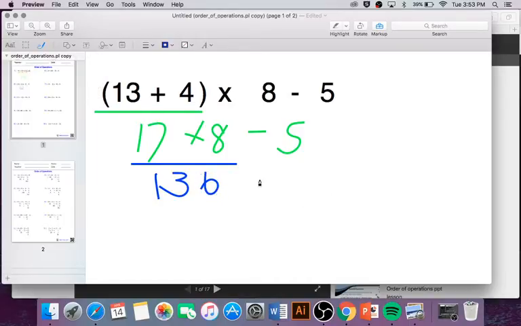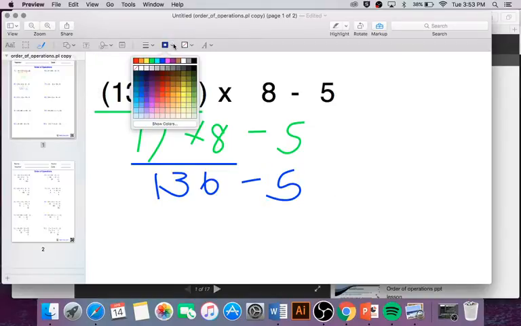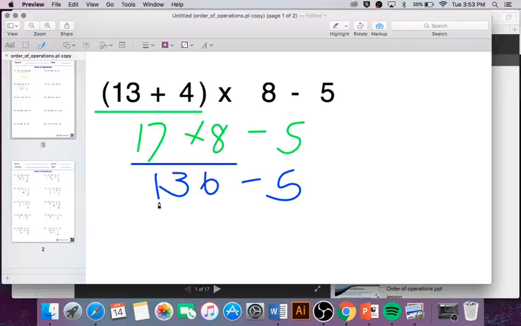Minus 5. We're left with 136 minus 5. And that is 131.